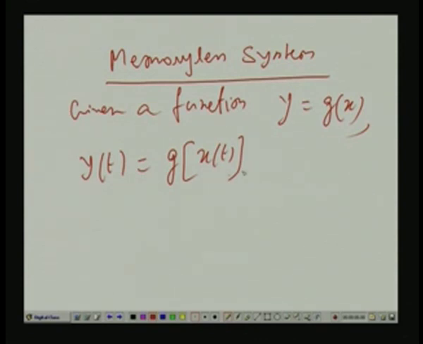In that waveform, for each time t, you have a value, that is amplitude or whatever. G works on that as per this given function and gives you a value. That value is assigned to y(t). So, as you see, it will work on the instantaneous value of this waveform at a particular time. It will neither look at the future nor at the past. So, this will be called a memoryless system.